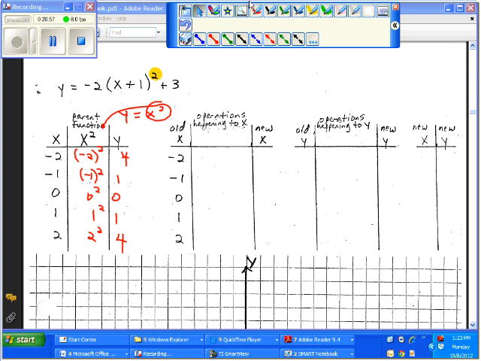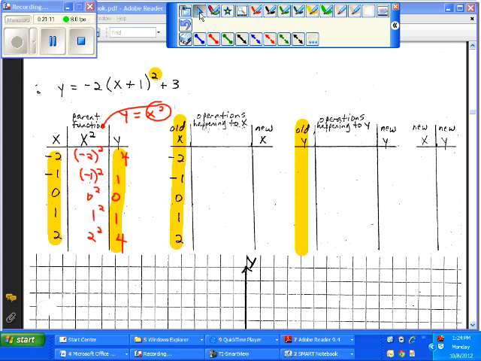Now, you see what we're doing? This is what I started out with. Here are my old x's, and I want to see where they end up. And here are my old y's, and I want to see where they end up. So I'm going to put those y's over here: 4, 1, 0, 1, 4. I want to see where my old xy's end up.